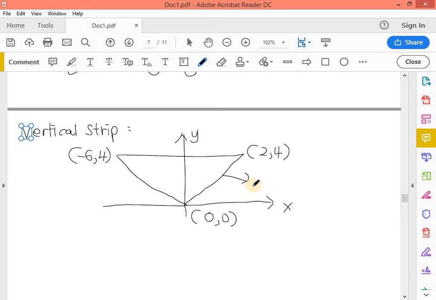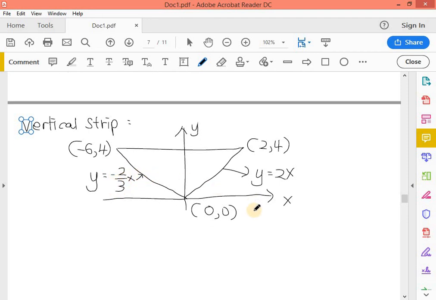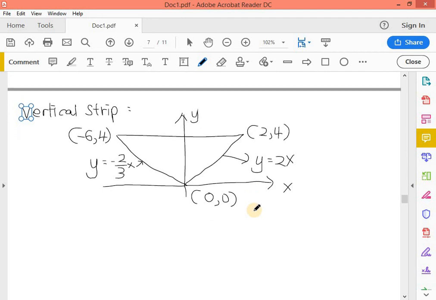So just now I got y equals to 2x, and this is y equals to negative 2 over 3x. Okay, so are you ready for the vertical strip? So we move on to the vertical strip.